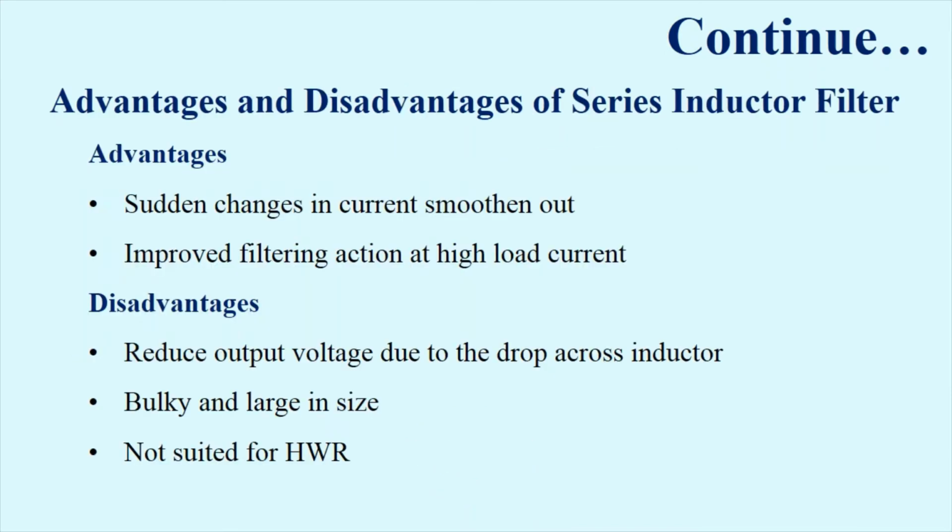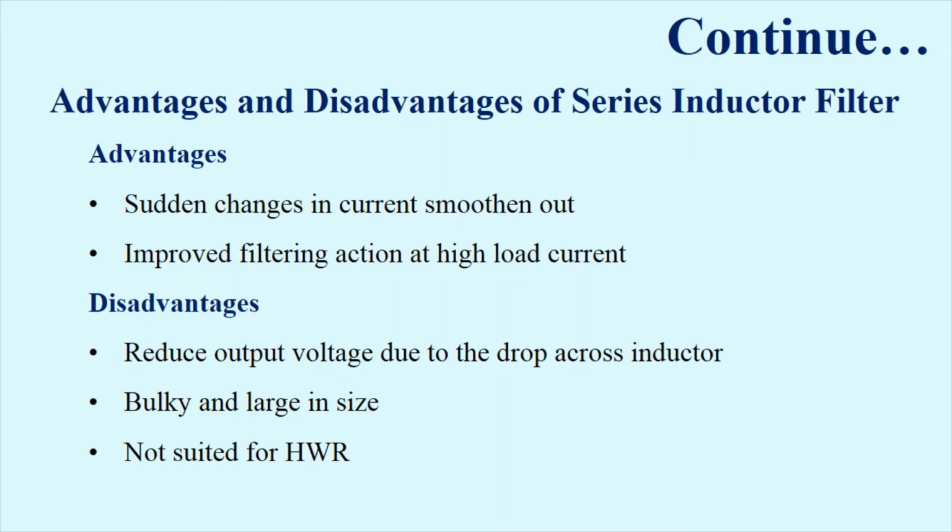So now if we look at the advantages and disadvantages of the series inductor filter, here we have two advantages. The series inductor filter basically smoothens out the sudden changes in the current. It will improve filtering action at high load current.